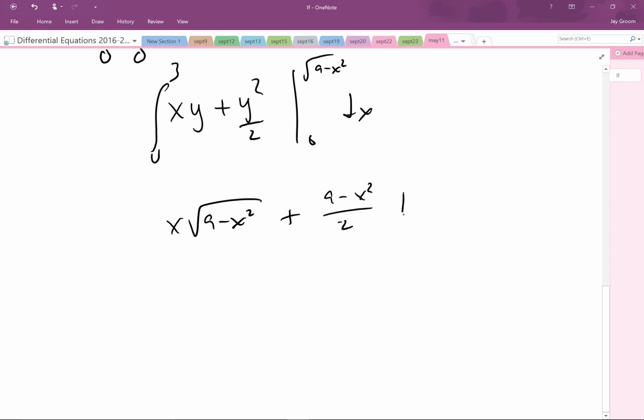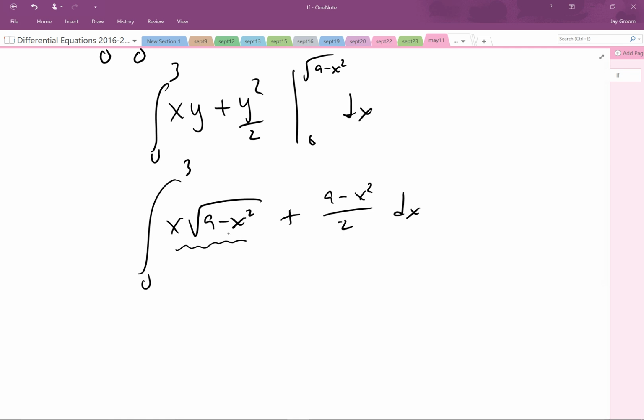And then you'd integrate that with respect to x. Back in the day, you'd have to do substitution, but I don't have to anymore. And more importantly, if this x wasn't here, I would have had to do trig substitution, which I really didn't want to do.